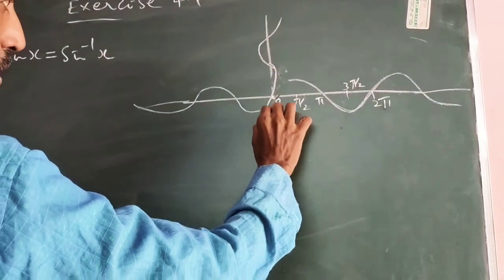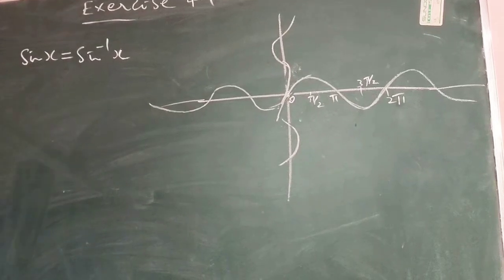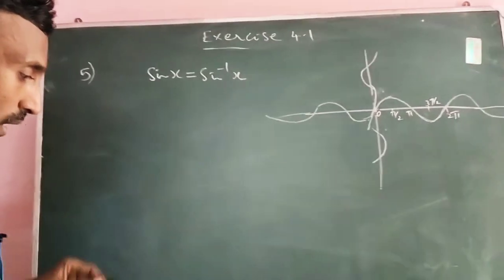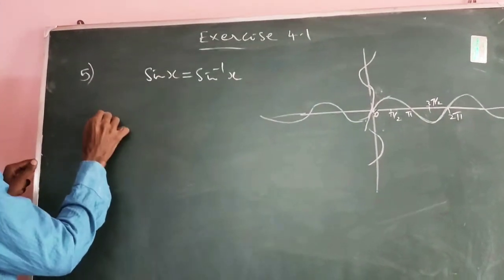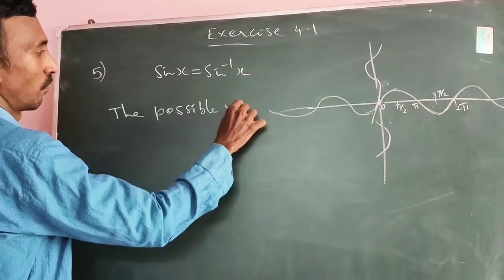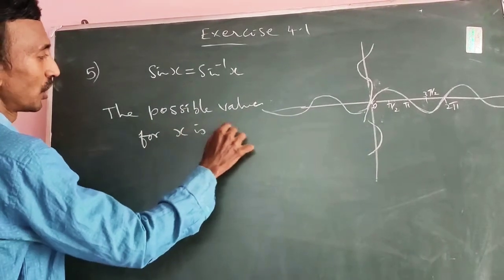So it won't meet other than 0. So the only possible value is when x equals 0. The possible value for x is 0 only.